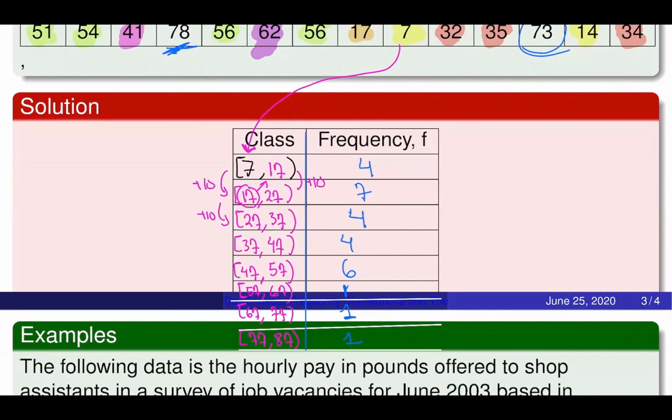Any questions so far on the frequency table? So would we still have to do like 7 to 16, or would it be like 7 to 17? Are you talking about for the histogram? Well, right now you were doing the frequency, and at first you said 7 to 16, but then you started doing like 27 to 37.